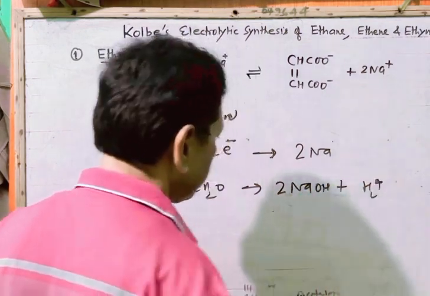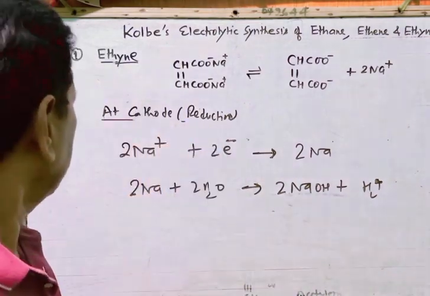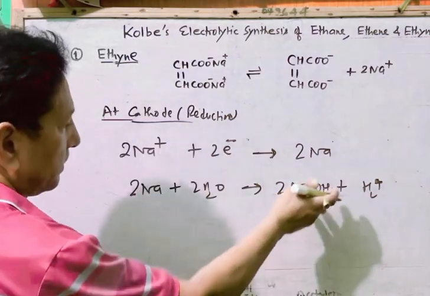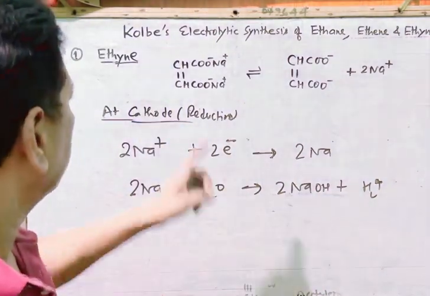In this way, at the cathode terminal reduction occurs, and we get the hydrogen gas.